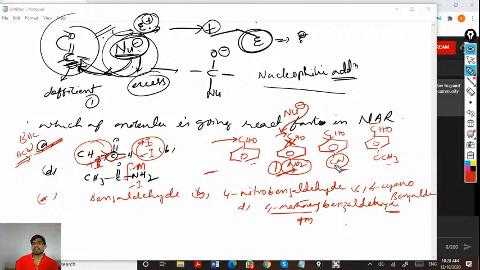Next, cyano is the second withdrawing group. Next, methoxy is donating, and this one is without a donating group, so this will be the third reactive. Methoxy will be the least reactive because it gives electron density into the ring as well as onto the carbon, resulting in an increase of electron density on the carbon, which reacts less with the nucleophile.